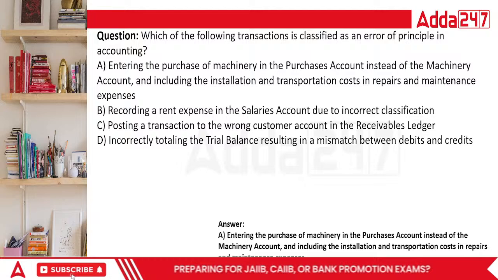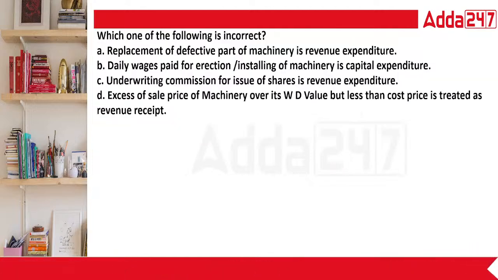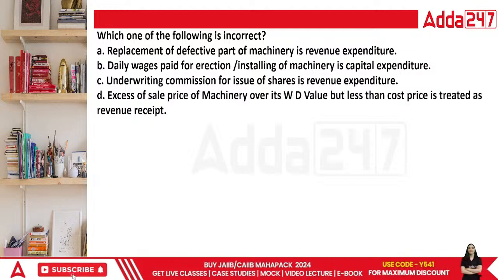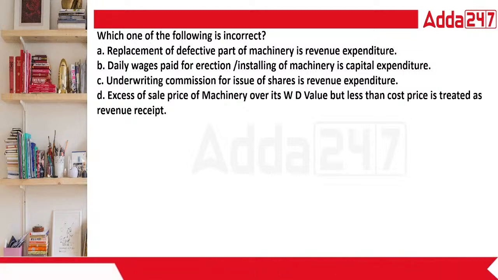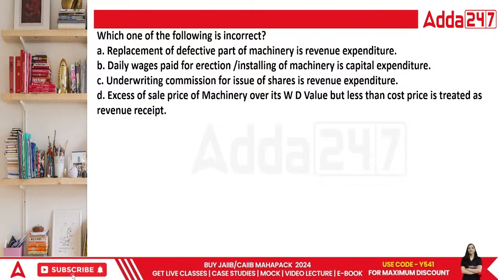Incorrect totaling in the trial balance, this is basically a compensating error. If a mismatch doesn't arise, then it's a compensating error. When the mismatch arises, it is a mismatch which is not traceable. This is where it's a compensating error, and it can be found out only when we are dealing with the specific area of audits.